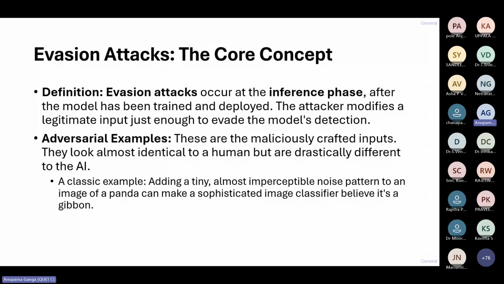We have modified it in such a way that it appears harmless, so our antivirus or malware detection software will miss it. Those are adversarial changes, and those are classified as adversarial examples, maliciously crafted inputs.